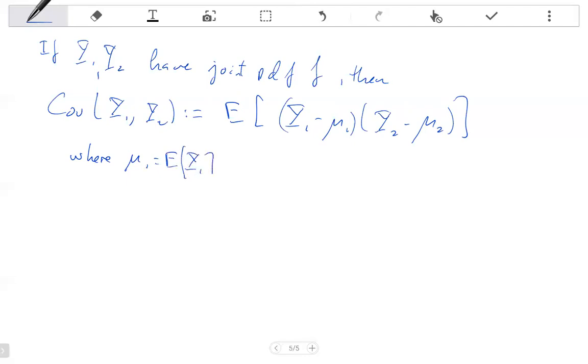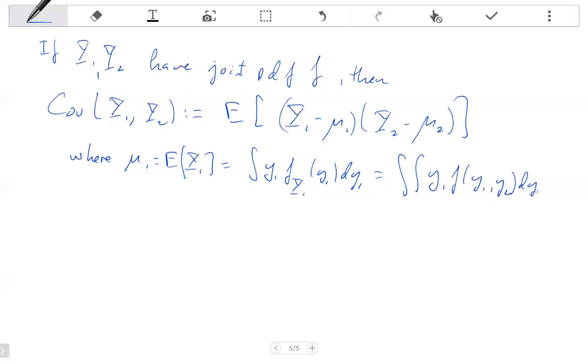This can be computed either as the integral of y1 times f of y1 dy1, or the double integral of y1 times f of y1, y2 dy1 dy2, and mu2 is the expected value of y2.